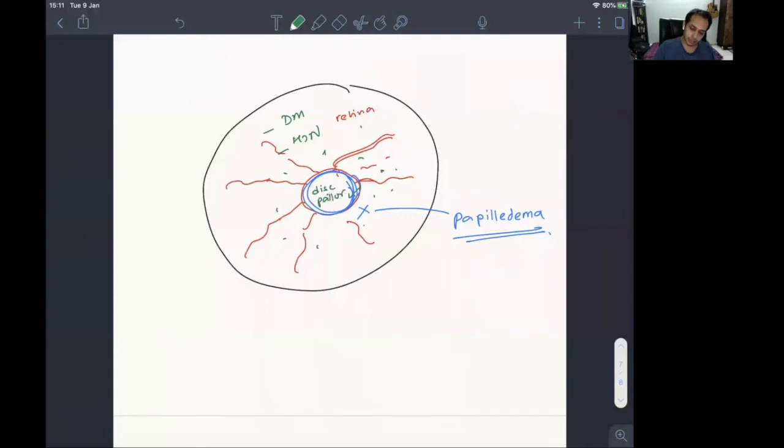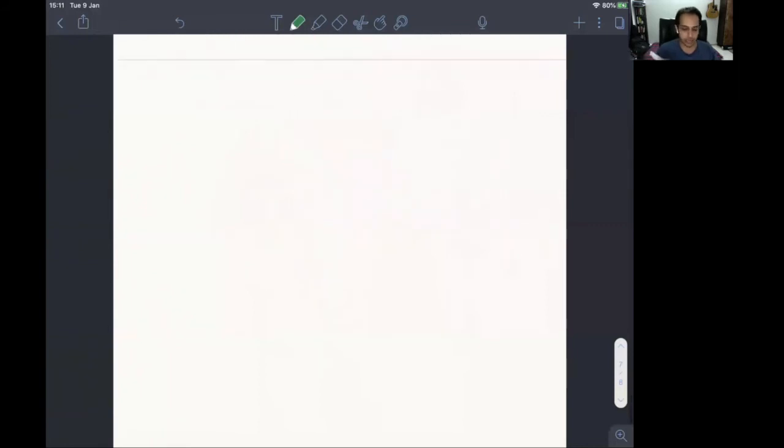Your disc will be very pale, which you won't know until you have seen enough eyes to know what is a pale disc and what is a normal disc. So you just have to keep seeing it, and gradually you'll start seeing all the other retinal changes. So that completes your optic nerve. Now coming on to optic reflexes.